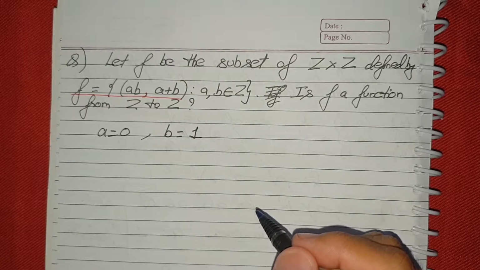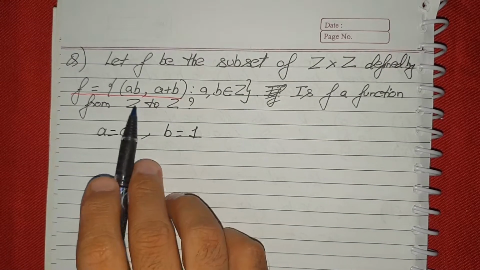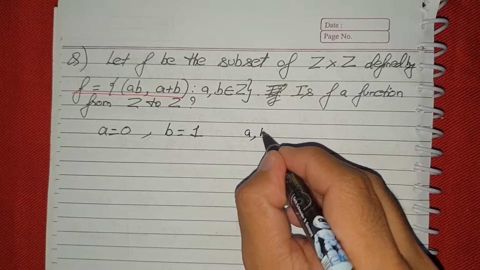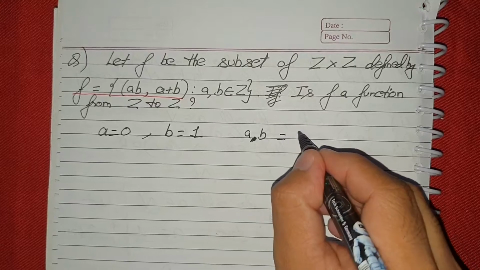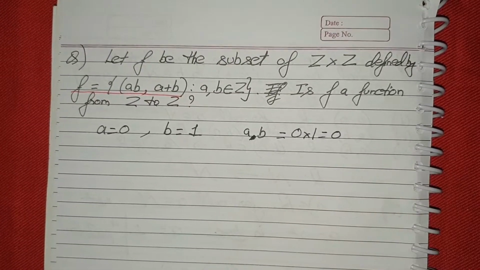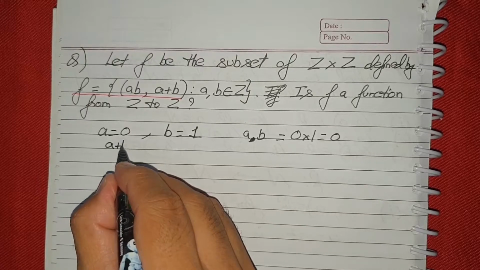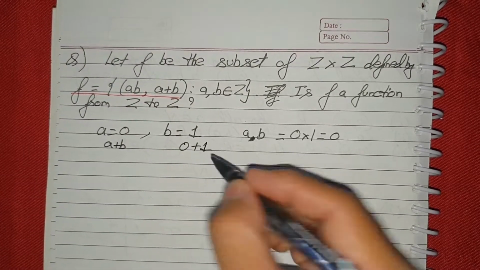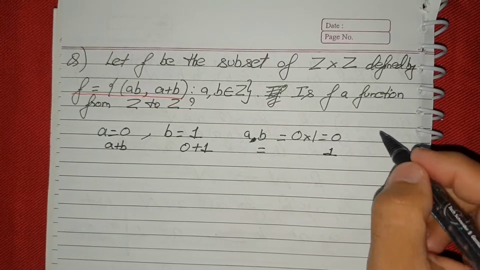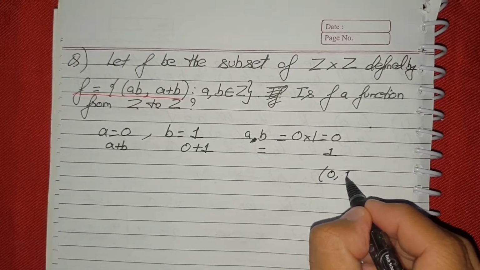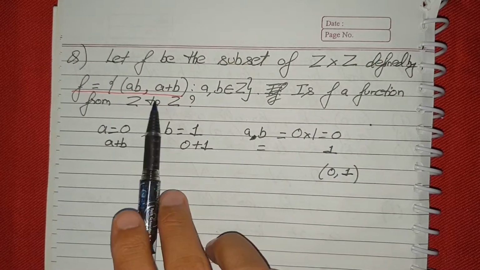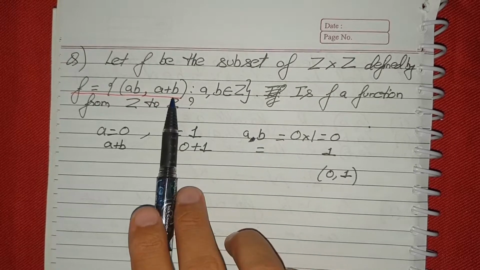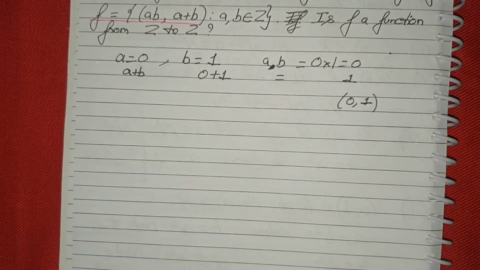So ab will be 0 into 1, which is 0. What is a plus b? The y part is 0 plus 1, which equals 1. So basically this will become 0 comma 1.